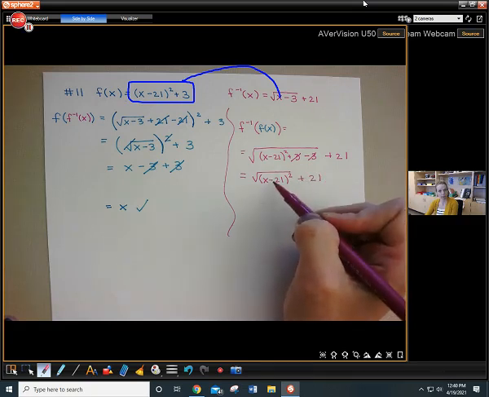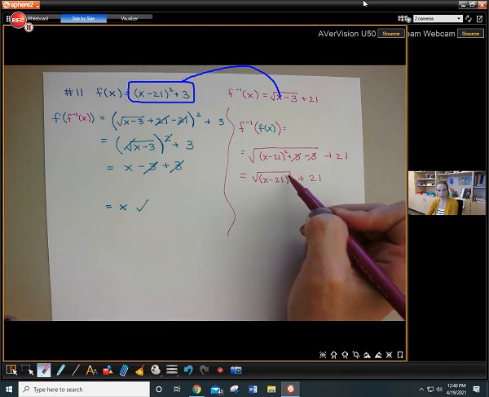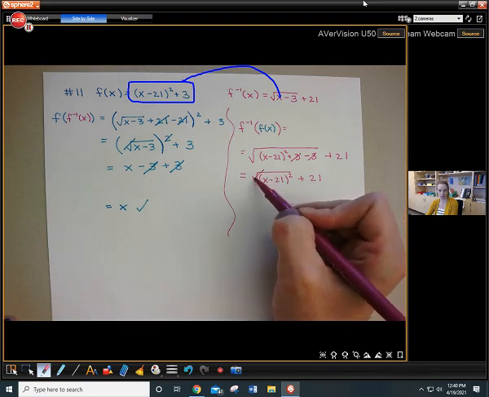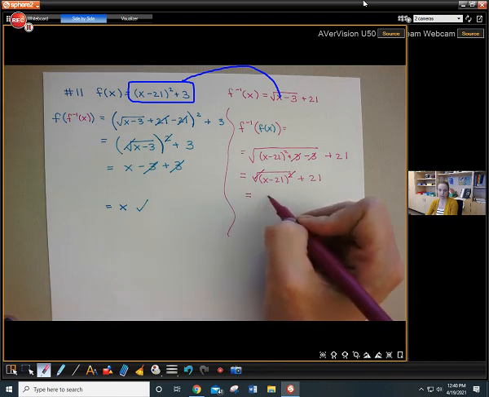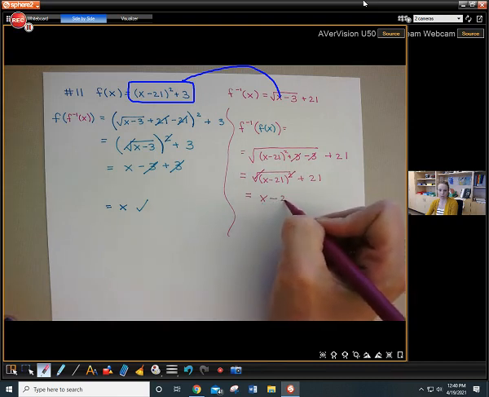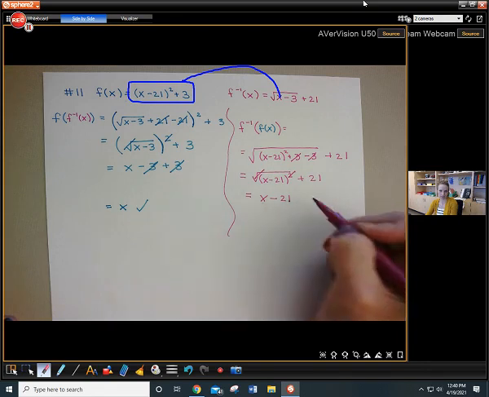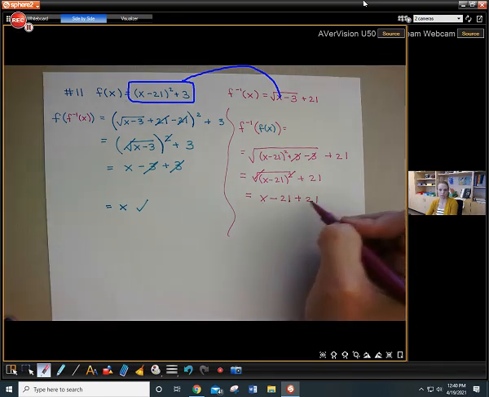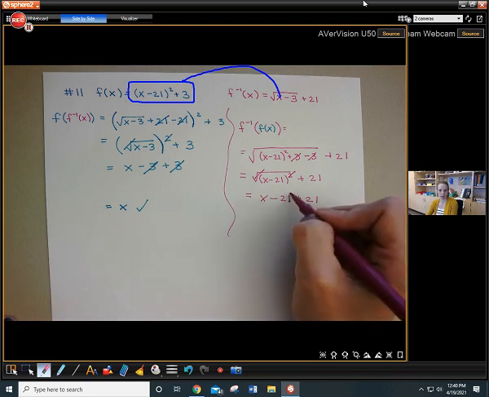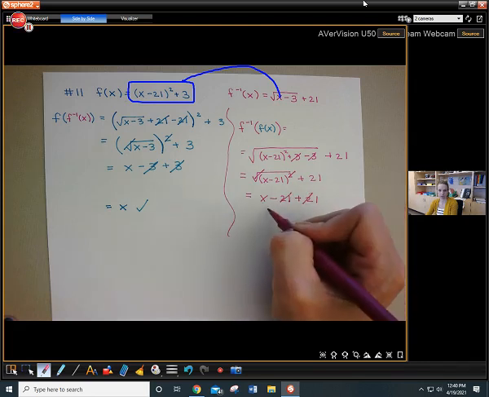If I have a binomial that's squared and it's being square rooted, the square root and the square will cancel each other out. That leaves me with an x minus 21. I don't need the parentheses because there's nothing to distribute. Plus 21. What do these cancel out to? Well, they're opposites, which are inverses. So I'm left with an x.